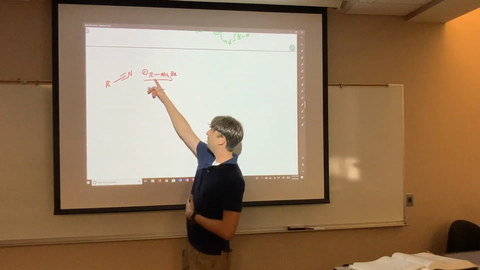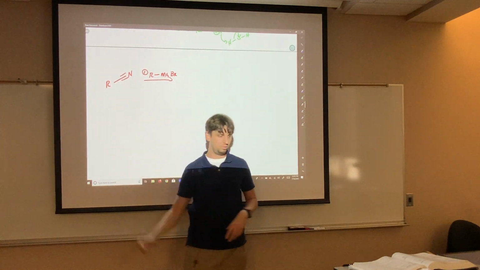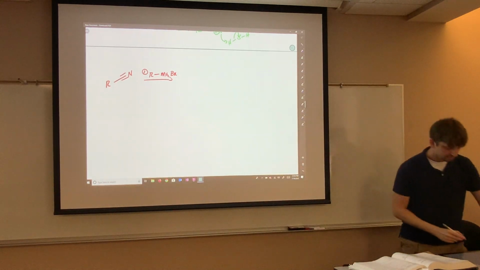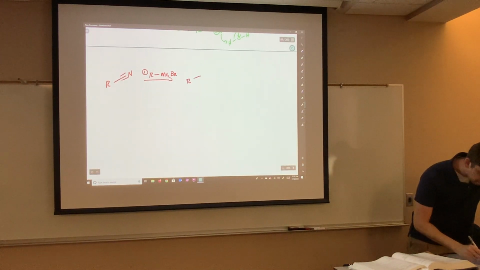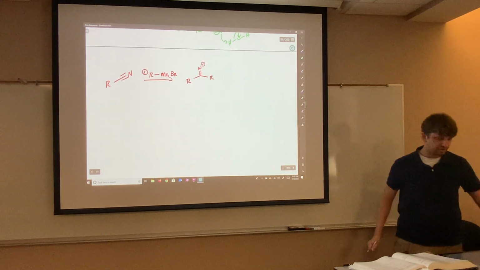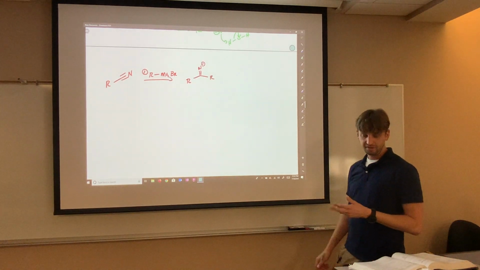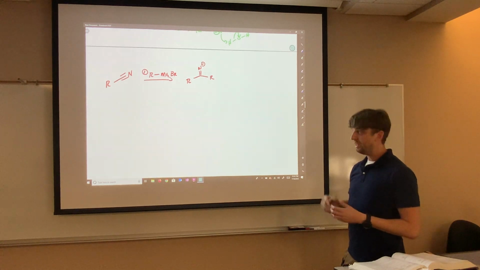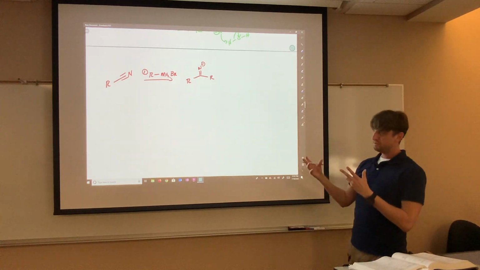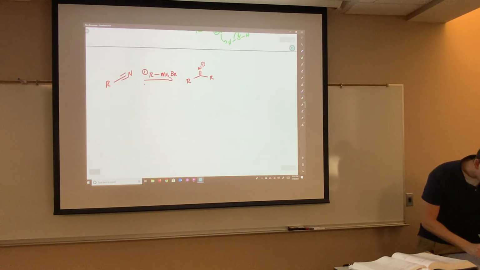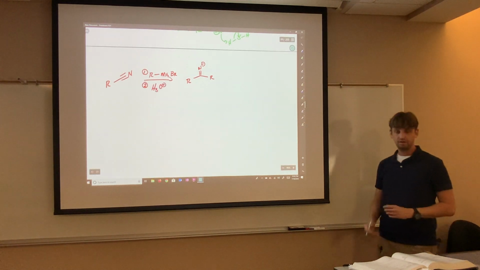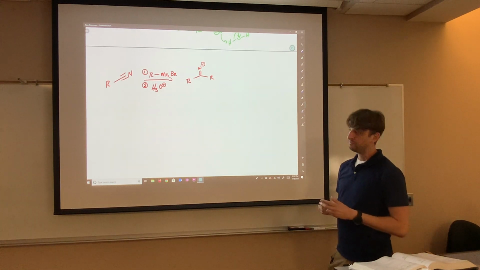Well, powerful nucleophile, carbonyl carbon, okay? So essentially, just bear with me for a second, right? Essentially, we would end up with this, right? And then that would end up getting hydrolyzed when we come back with our acid workup here, right?